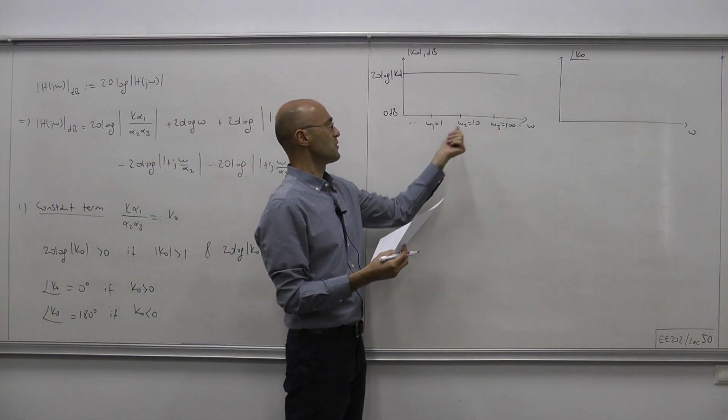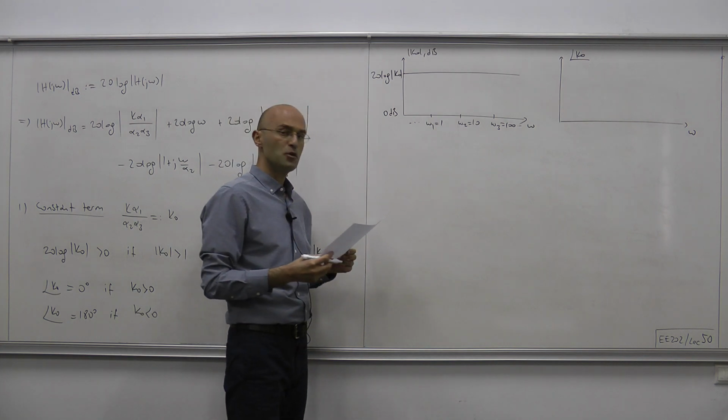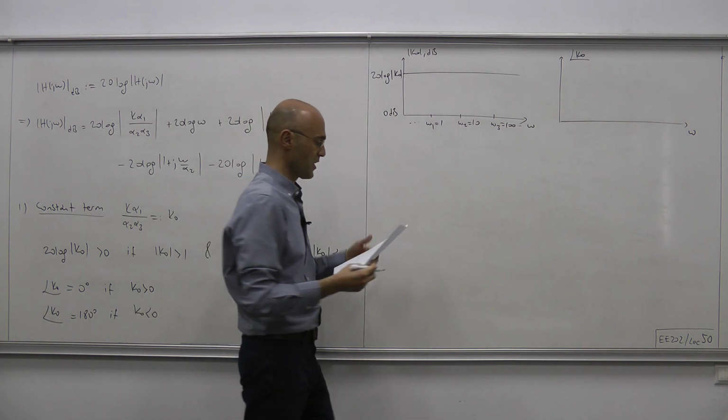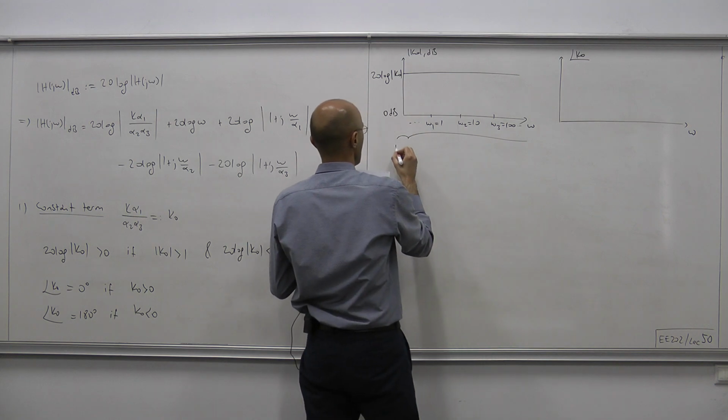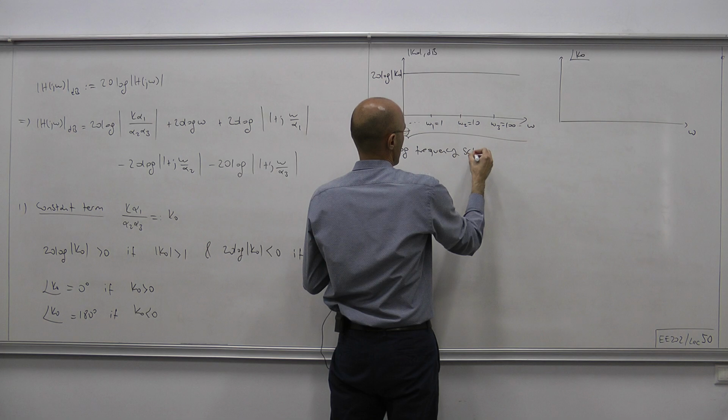How we mark the frequencies on the frequency axis is through using a log frequency scale. So this is called the log frequency scale.